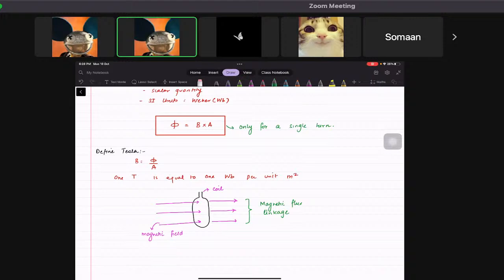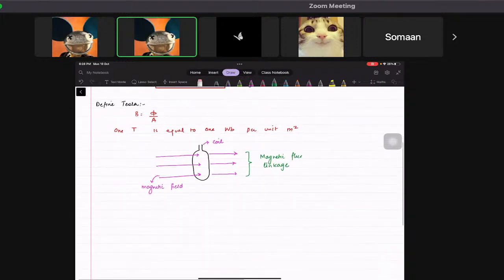Now, let's define magnetic flux linkage as well.